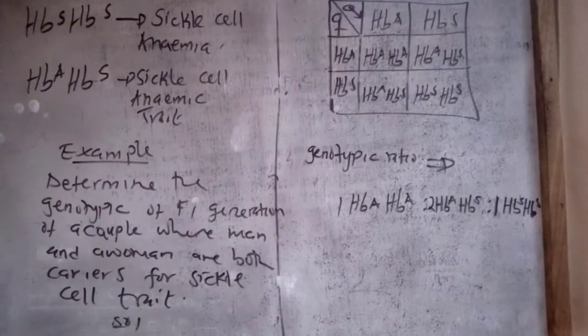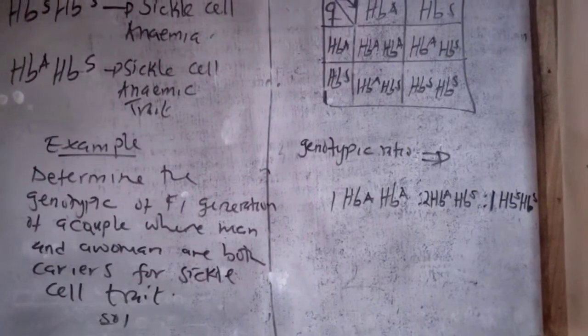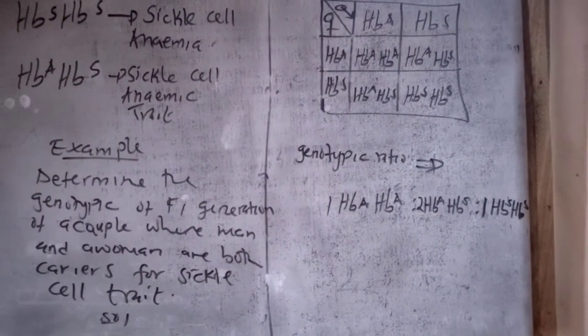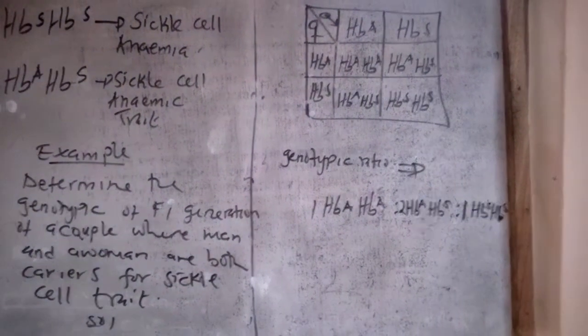Having said that, I'm going to illustrate it very well so that you can see clearly. The question is, determine the genotypic ratio of the F1 generation of a couple where a man and a woman are both carriers for the sickle cell trait.